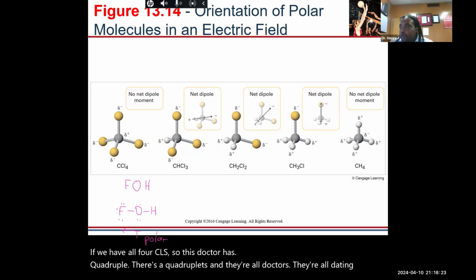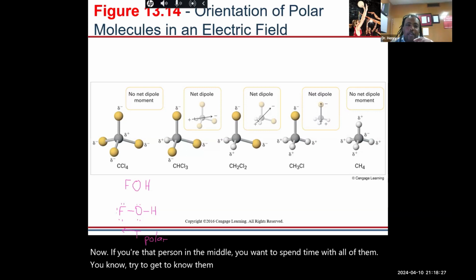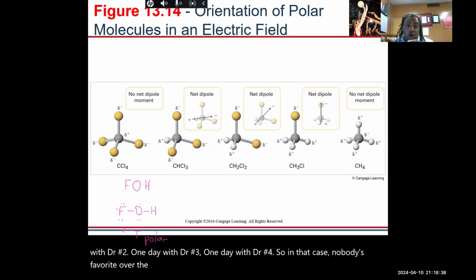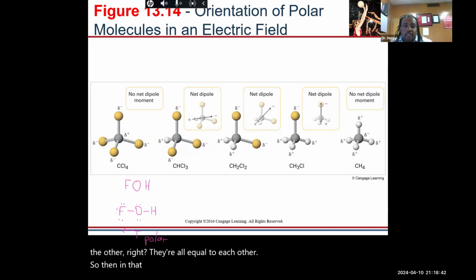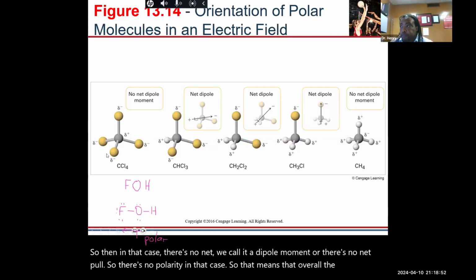Now, if you're that person in the middle, you want to spend time with all of them, try to get to know them all, right? One day with doctor number one, one day with doctor number two, one day with doctor number three, one day with doctor number four. So in that case, nobody's favored over the other, right? They're all equal to each other. So in that case, there's no net dipole moment, or no net pull. So there's no polarity in that case. So that means that overall, the molecule is nonpolar.